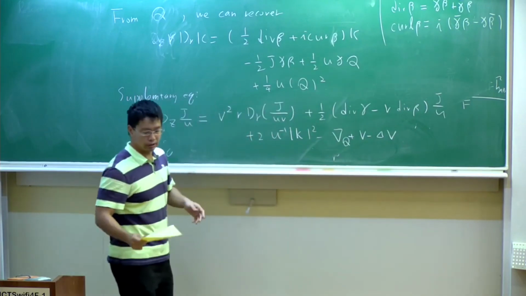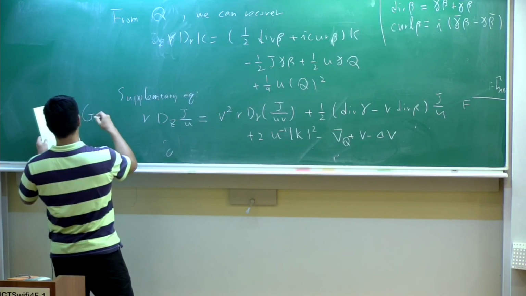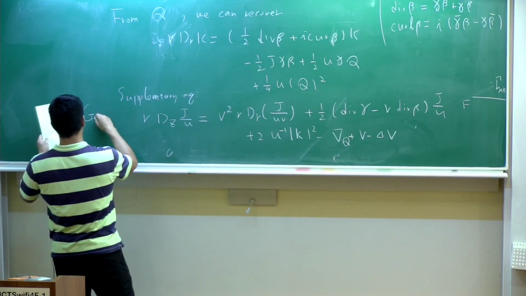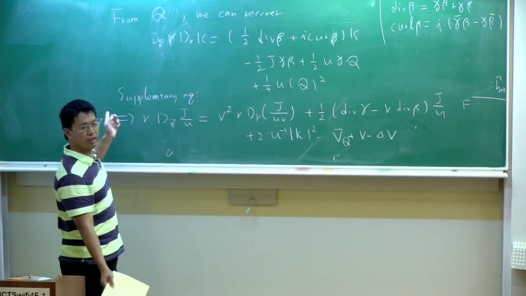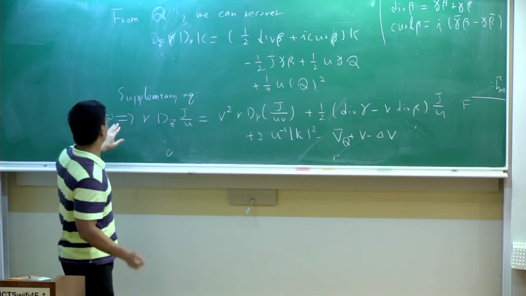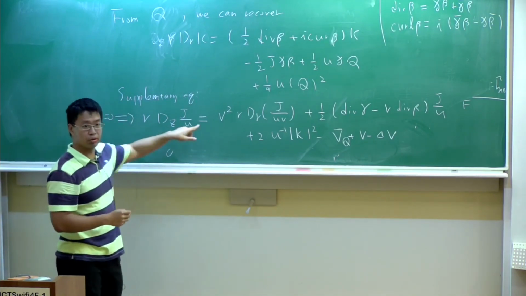For example, the equation at z equals 0, again the Einstein equation in the z direction. So again, the same equals 0 implies this equation.